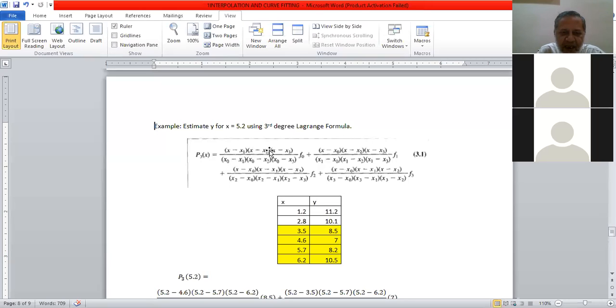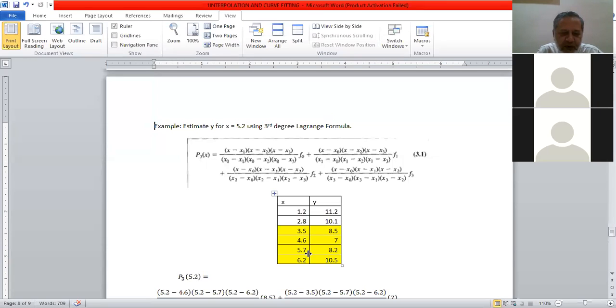It will be placed everywhere there is x in the formula on the right hand side in the numerator, whereas in the denominator we have to use x0, y0, x1, y1. The data set may be large, and for a third degree polynomial we need only 4 points.